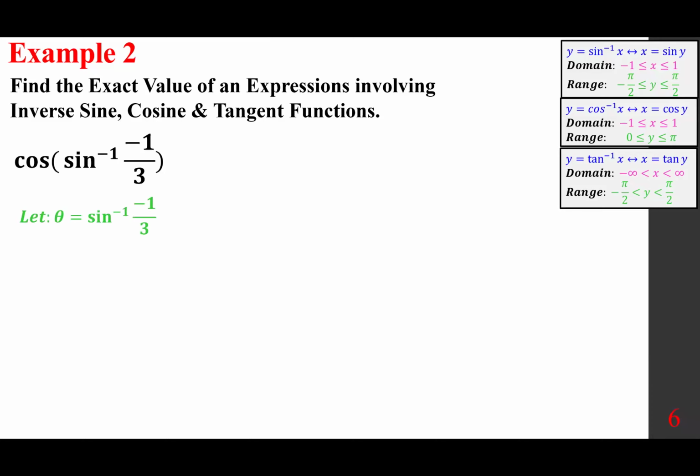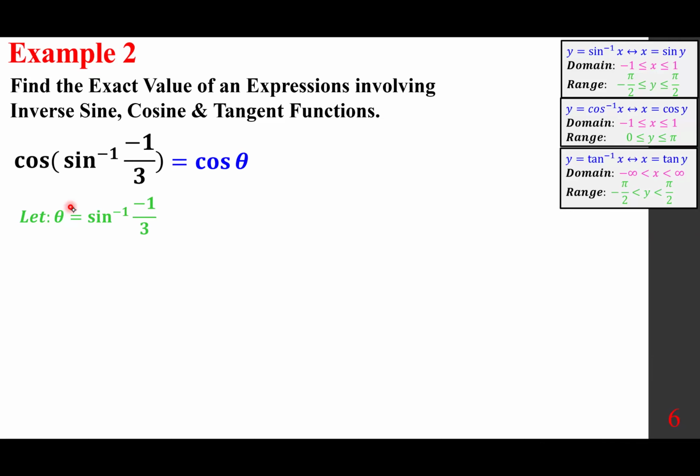That means we are interested in cosine of theta. So sine inverse represents an angular arc. So we are looking for cosine theta. That's the concept. And since sine is negative 1/3, it happens in the fourth quadrant because it's negative.